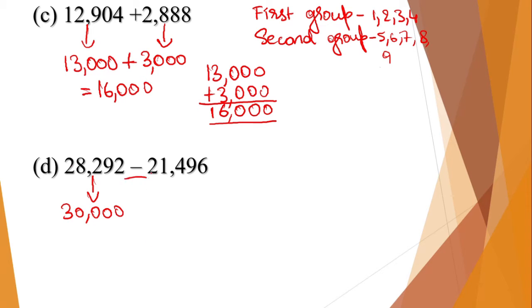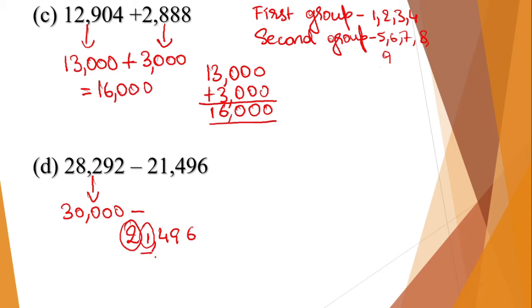Now the operation is subtract here. Now the next number which we have is 21,496. Now here we should circle 2 because it's in 10,000's place, and circle 1 because it's next to 2. Now we should check 1, which is the second circle digit, and you can see 1 is in the first group. So if the number is in the first group, we will not add 1 to the first circle digit, which is 2 here.